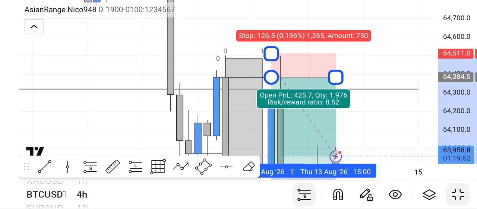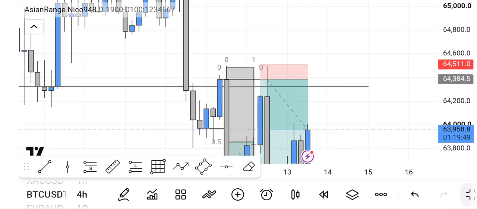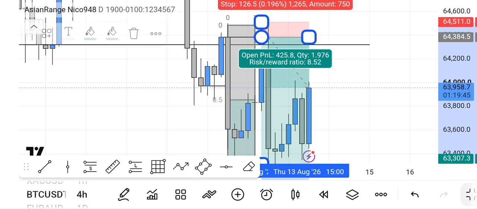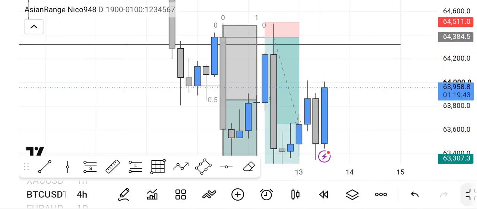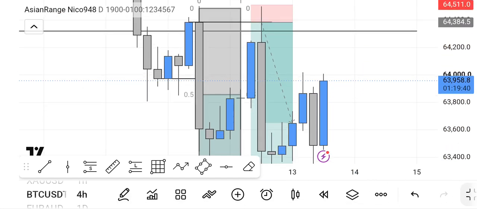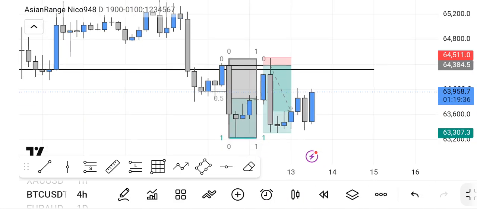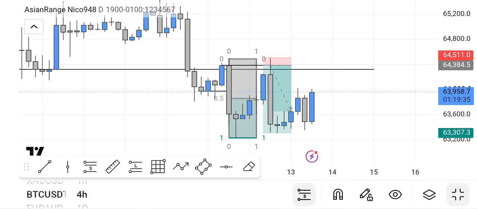I'm known for refining entries. People laugh at me because of that. I miss a lot of entries because I'm refining entries, but better miss than SL. So this is an 8 RR trade.